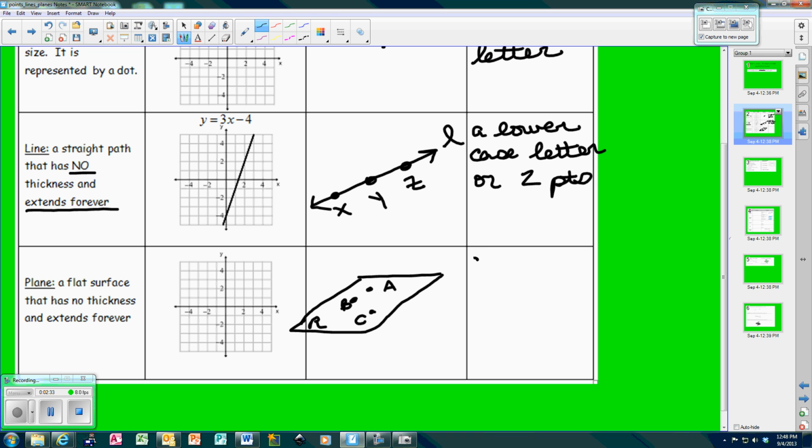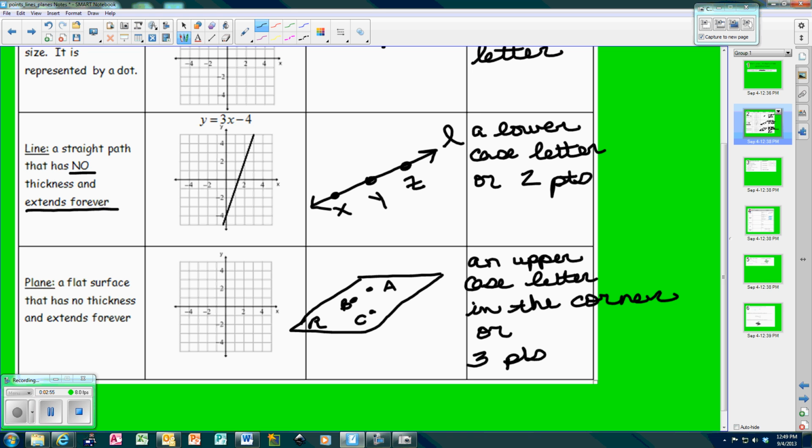So, an uppercase letter in the corner. Notice this R does not have a point. That's because this is used for the name. These 3 letters have points, so those are actually a location on that plane.